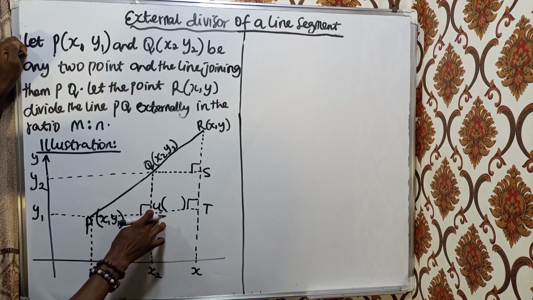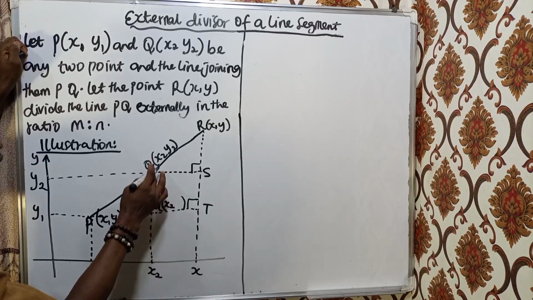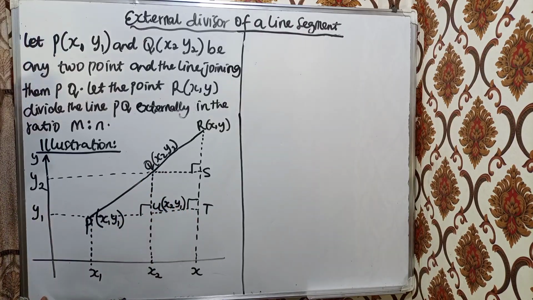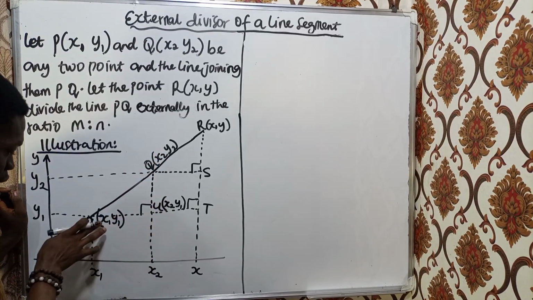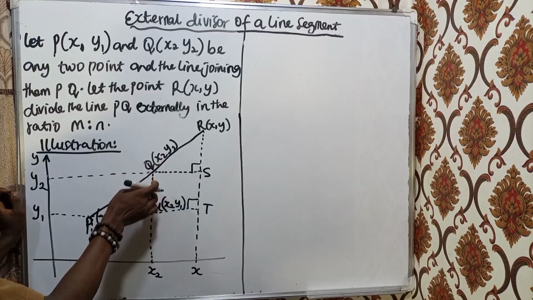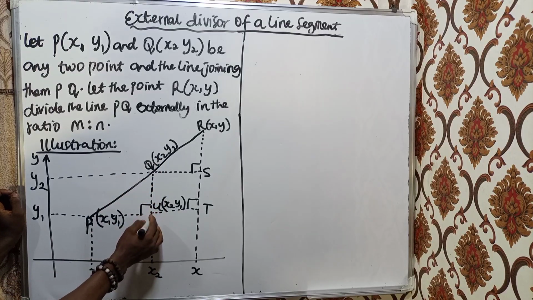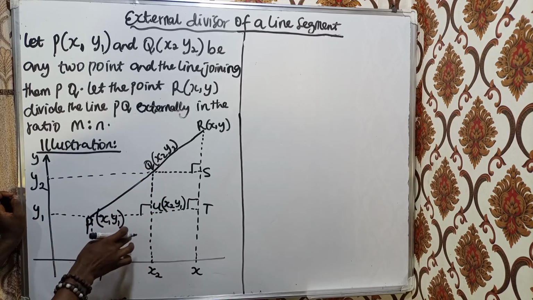On the x axis it is x2, then on the y axis it is y1. That will be the coordinate of U: x2 for the x value, then y1 for the y value.